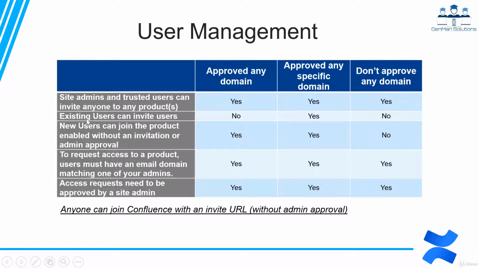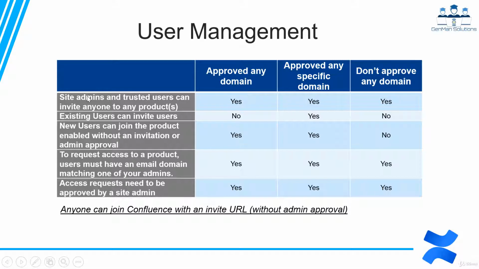Now coming to whether existing users can invite other users. That's not true if you have selected the approve any domain option. And similarly, it's not true if you have selected the don't approve any domain option. But if you have selected the approve any specific domain option, then the existing users can invite other users who belong to that specific domain.